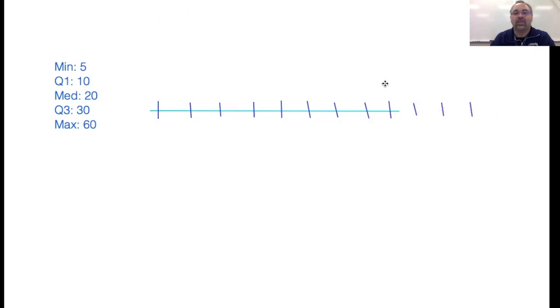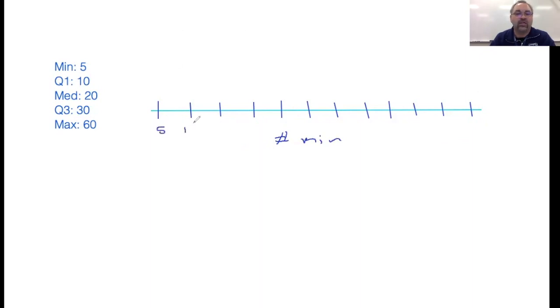Now, I apologize for them not being perfectly vertical. I know that's probably annoying for some of you, and I apologize. And I'm going to label this. This is the number of minutes for the commute time. And then what I'm going to do first is I'm just going to put some dots up here.